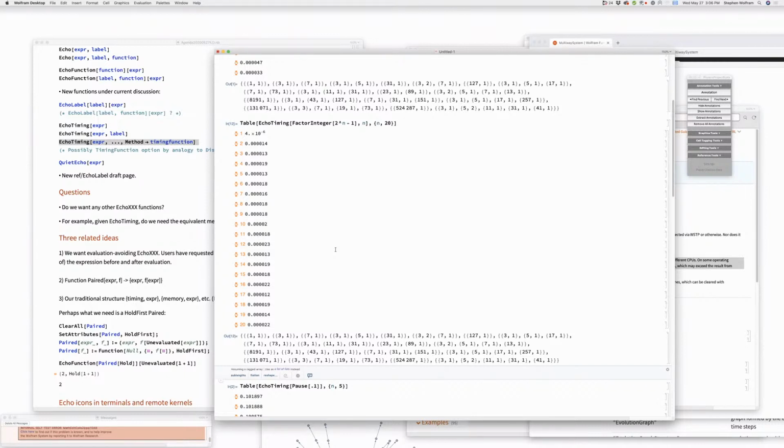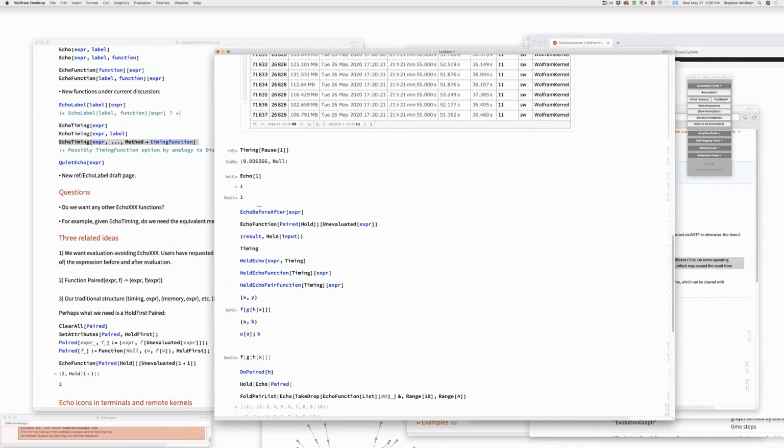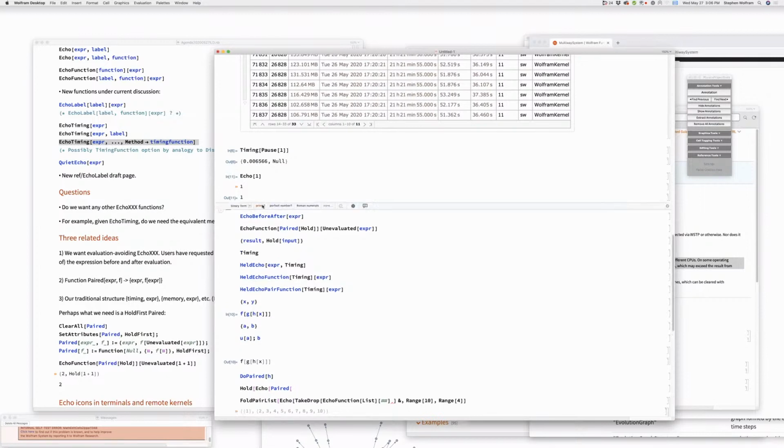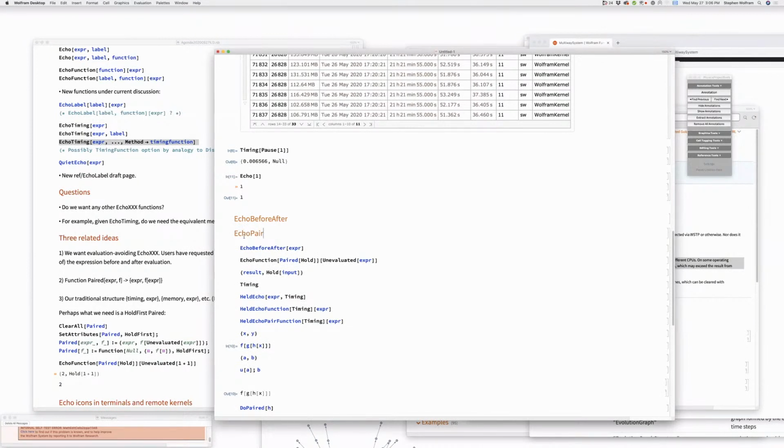Like echo hold or echo pair that eats an expression, and you want to echo something but return something else. So I see. What you're proposing is, so let's just be clear. There are two functions we've got. We've got echo before after, which is a fairly specific case. And then we've got echo pair, which would expect that it is going to be given an expression and an echo, basically.